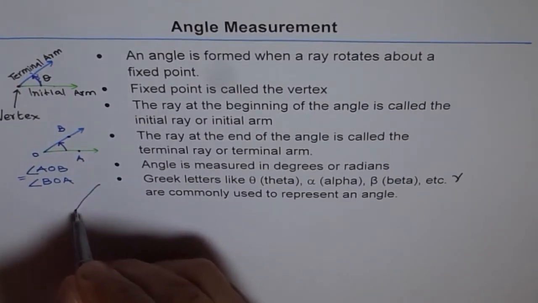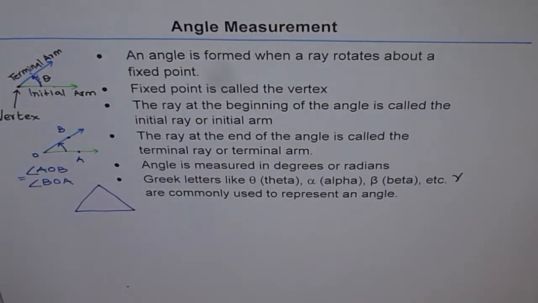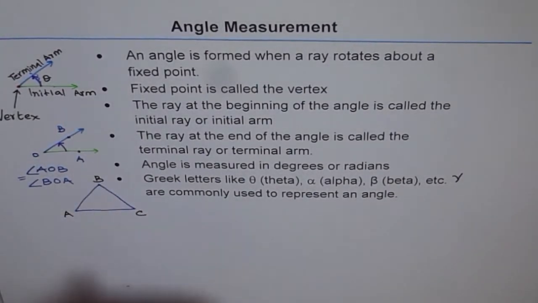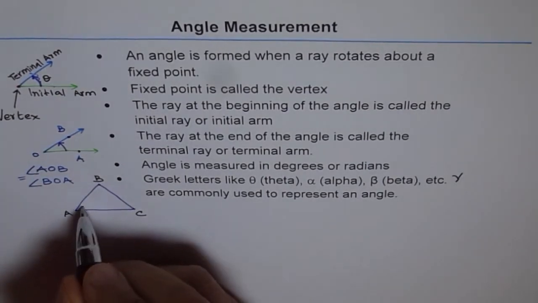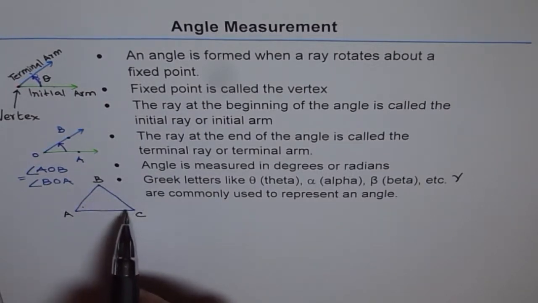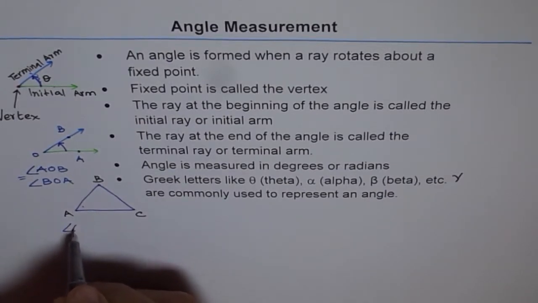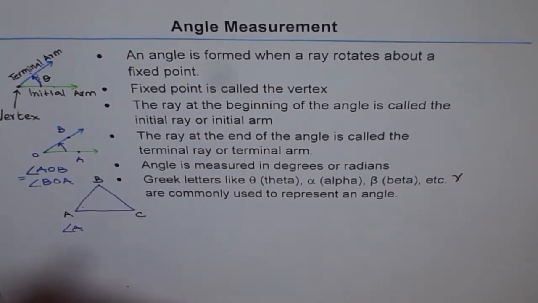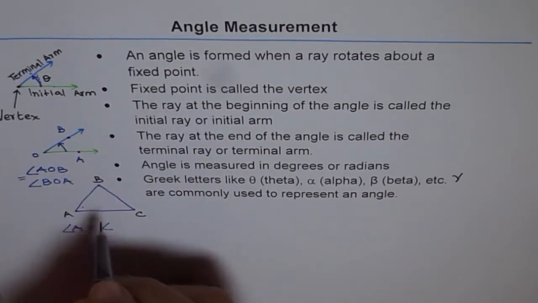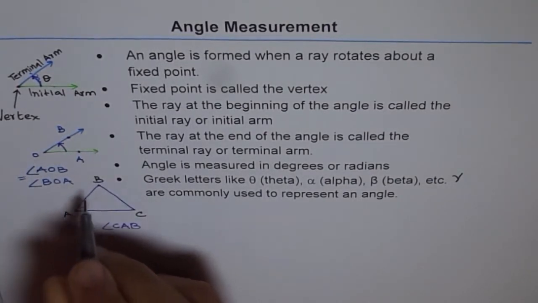Let's say we have a triangle like this, and let the vertices of the triangle be A, B, and C. In that case, we can refer to this angle as angle A, this angle is angle B, and this angle is angle C. When I say angle A, it is the same as angle CAB, or angle BAC.